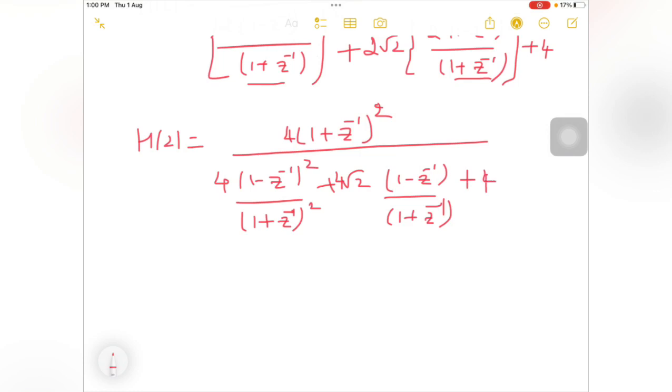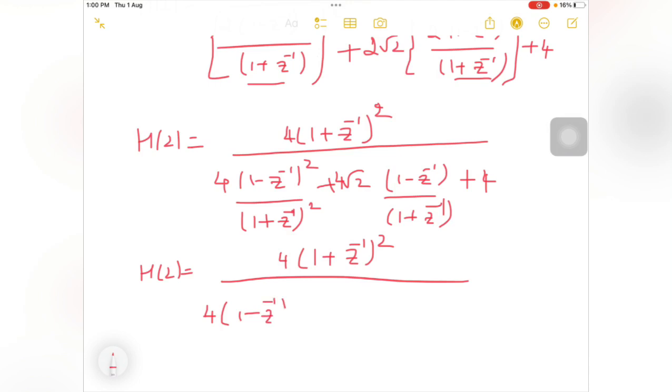Now next step, H of z is equal to 4 into (1 plus z inverse) whole square divided by 4 into (1 minus z raised to the power of minus 1) whole square plus 4 root 2 into (1 minus z inverse) into (1 plus z inverse) plus 4 into (1 plus z inverse) whole square.